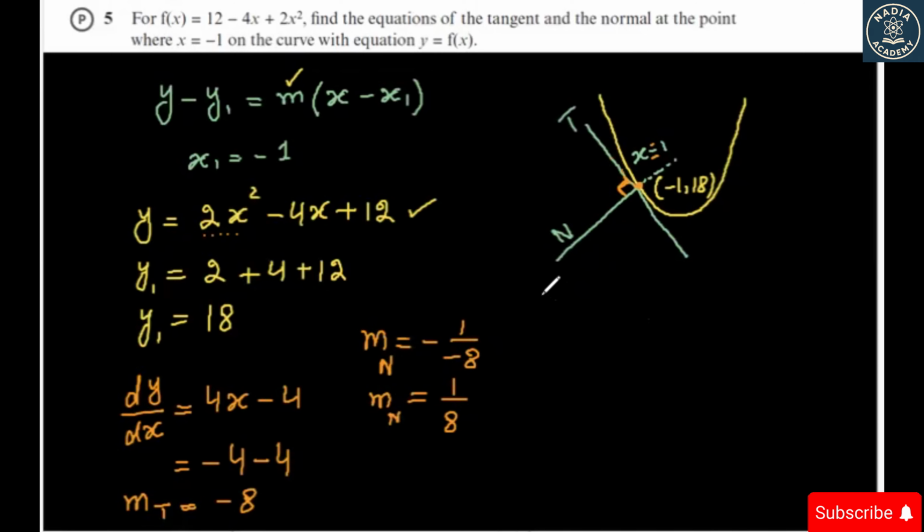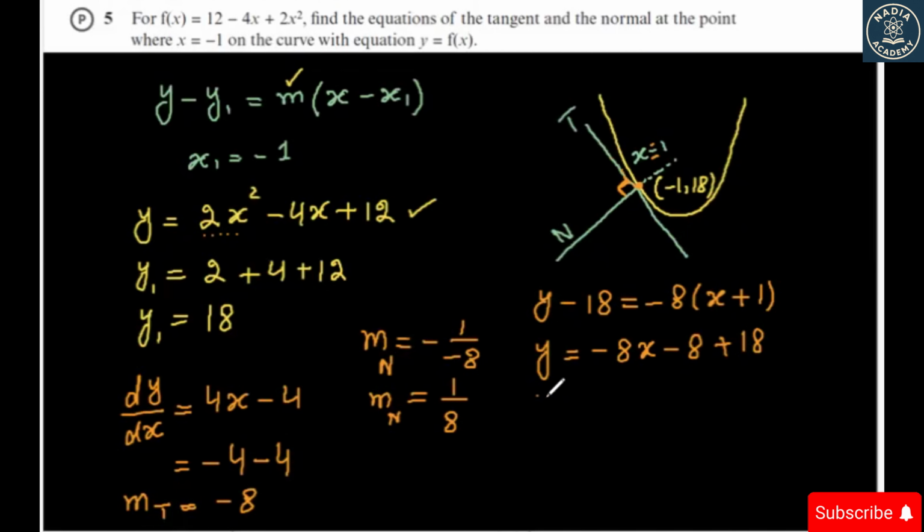The equation of the tangent will be y minus 18, which is the value y1, equal to the gradient of the tangent, -8, times x minus x1, where x1 is -1, so it will be +1 over here. Now you can simplify. So y is equal to -8x, and -8 times 1 is -8, then +18.